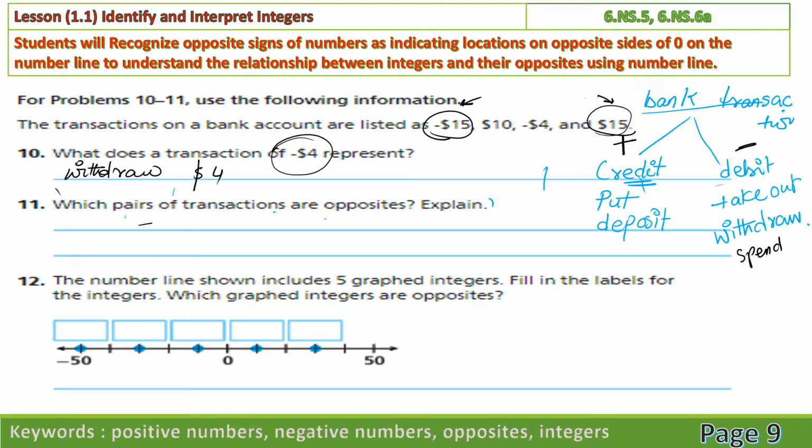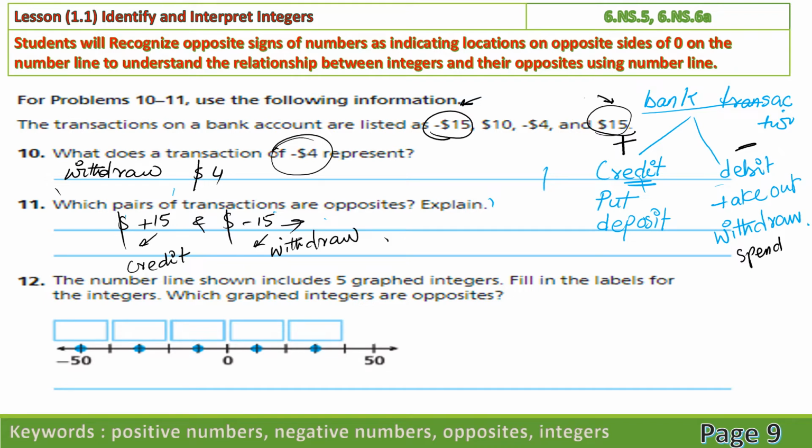So $+15 and $-15 are the opposites of each other. Explain why. Because $15 you credited and $15 you withdrew from the bank.